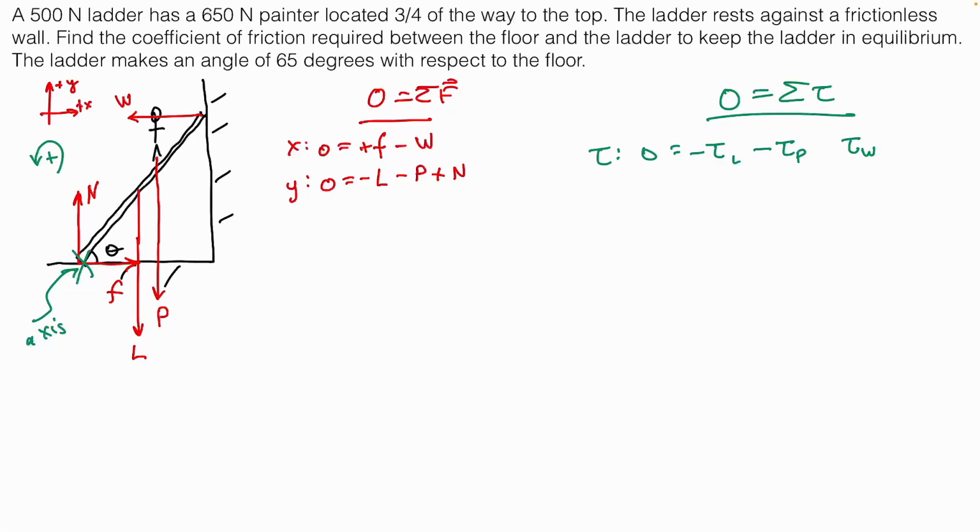I better get a positive. But don't just automatically write down positive and say, okay, I got 0. Check it, make sure. Which way is the wall acting? It's to the left, isn't it? When I push on this, it causes it to go around counterclockwise. So counterclockwise is positive.